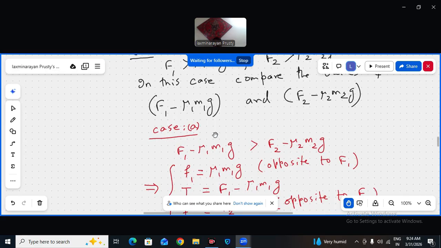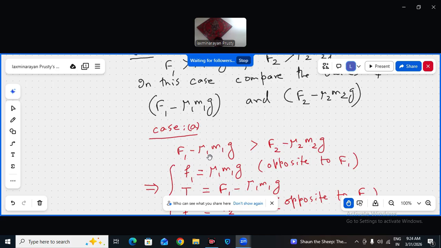So in case A, F1 minus mu1 m1g is greater than F2 minus mu2 m2g. Whichever F minus mu mg value is greater will have more tendency of pulling, which means that friction force small f1 will reach the maximum value.